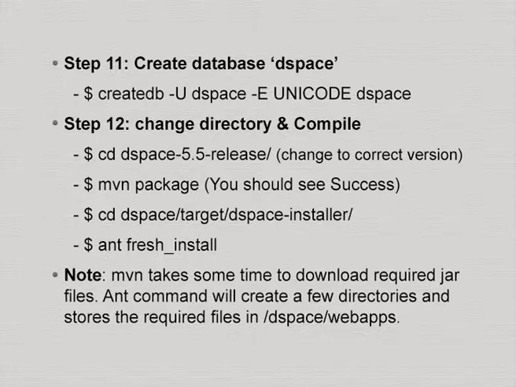In the sense that if you want to enter data in Hindi or any language other than English, then you have to enable the Unicode feature of the PostgreSQL database. Then you are creating a database called dspace.